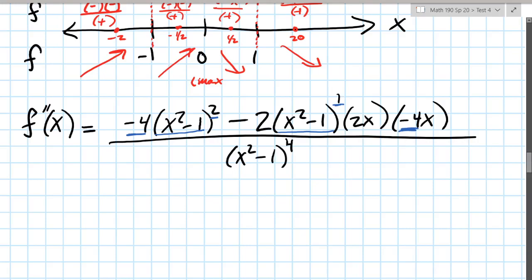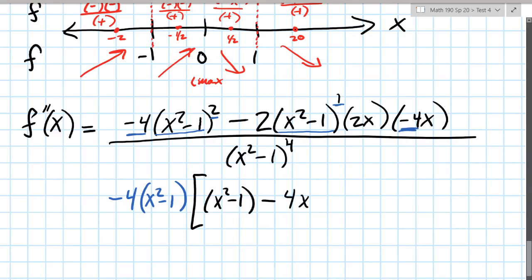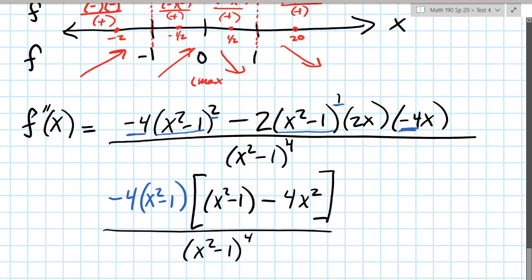That looks like all we're going to have to factor. So I've got a negative 4 times an x squared minus 1 to the first. Then what's left? An x squared minus 1 minus a 2 times a 2x times an x is a 4x squared, all over x squared minus 1 to the fourth.